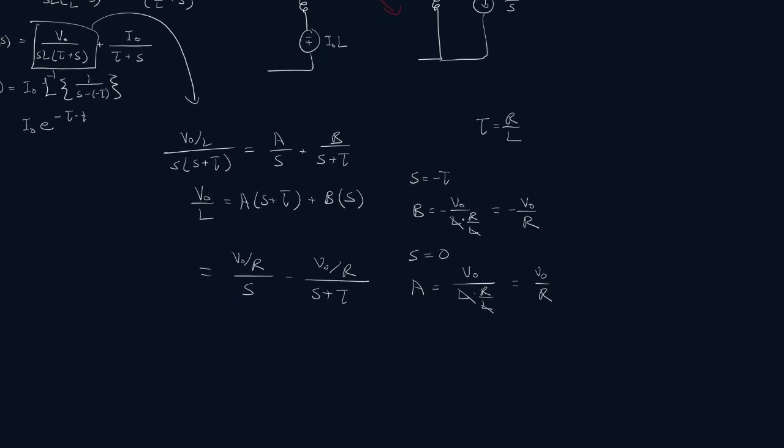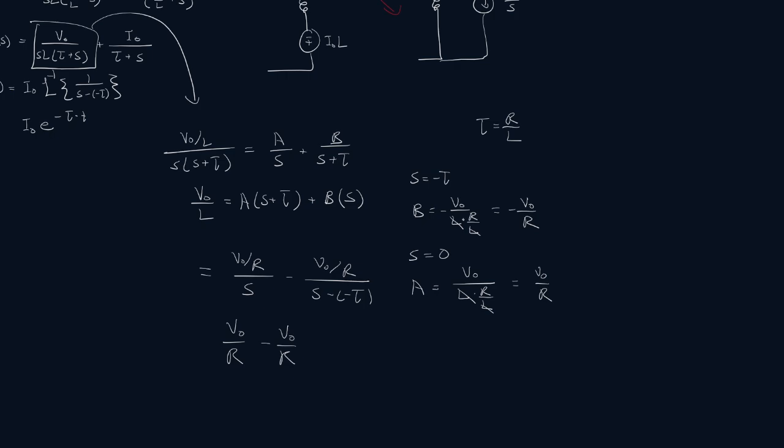And getting the inverse Laplace of these, inverse Laplace of 1 over S, that's just 1, so it'll just be VO over R. And this we can represent as the following. And the inverse Laplace of 1 over S plus tau, that's e to the power of minus tau times t.